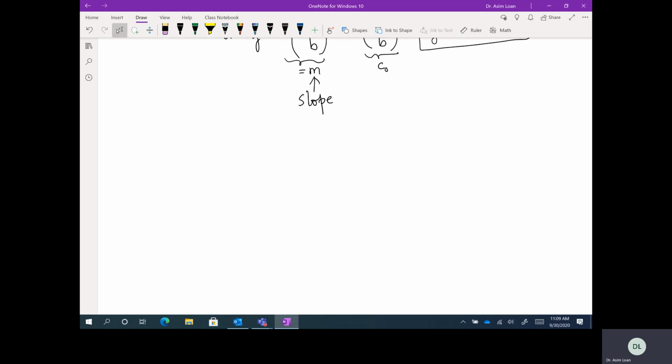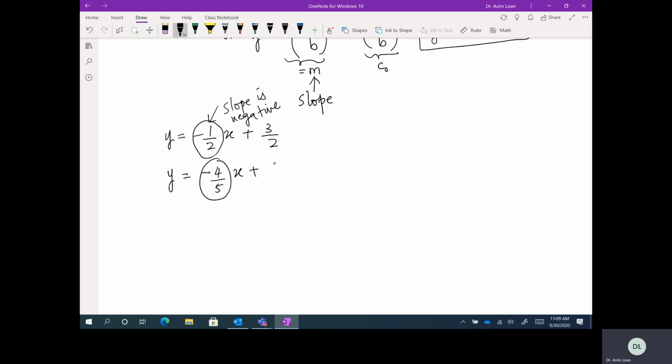So my equations are y equals minus half x plus 3 by 2. This means the slope is negative. And the other equation is y equals minus 4 by 5 x, again negative, plus 6 by 5.